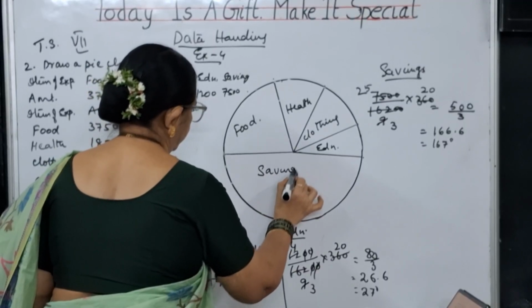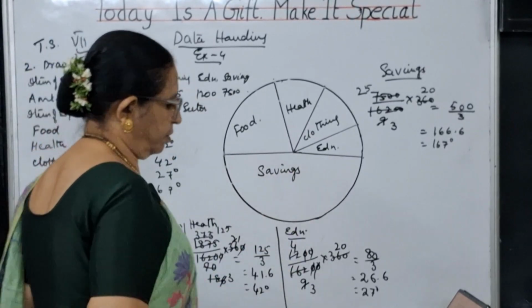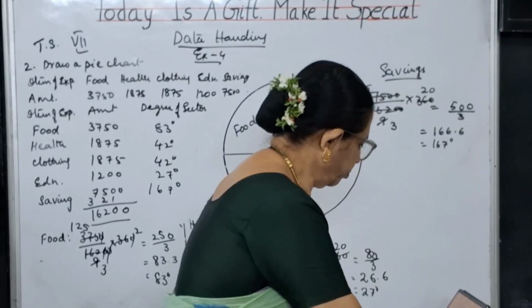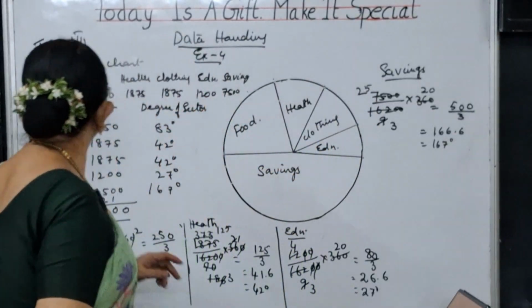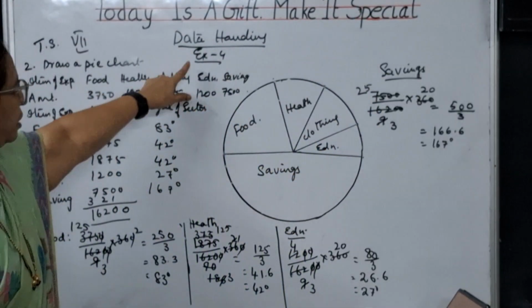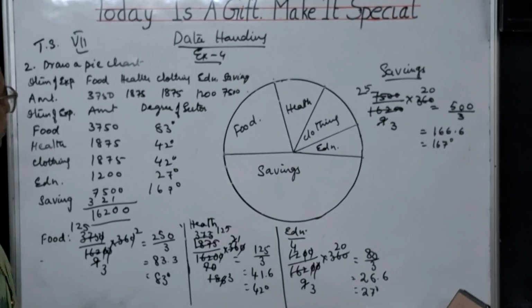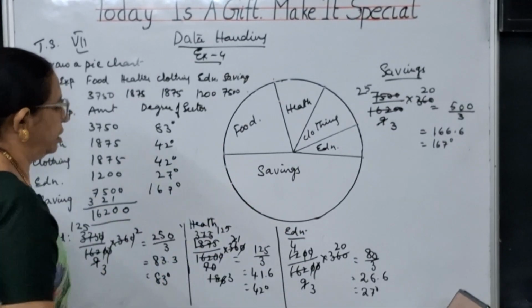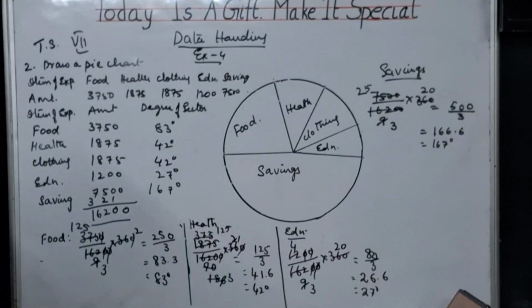This is for savings. So this is the pie chart of the second problem in exercise 4. Please note it down. Calculation part I have done it here. See carefully.